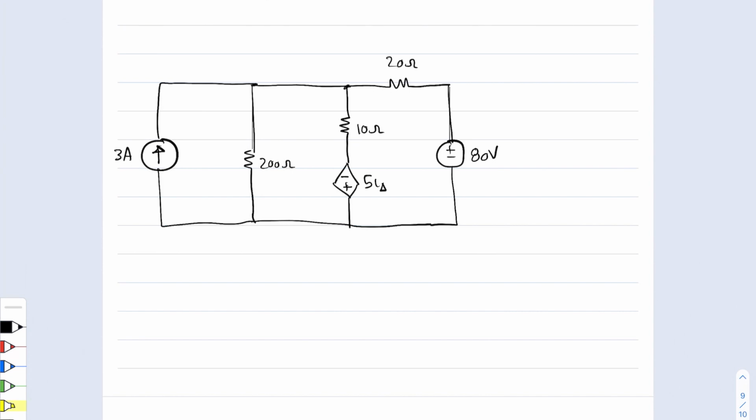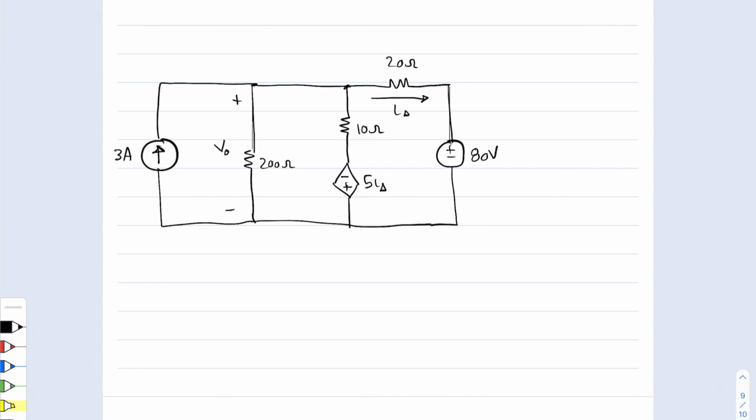This is a 20 ohm resistor. And the I delta that this source depends on flows in that direction through the 20 ohm resistor like this. Lastly, we need to know what we're looking for. There is a voltage across the 200 ohm resistor with that polarity, V0, that's what we're looking for.